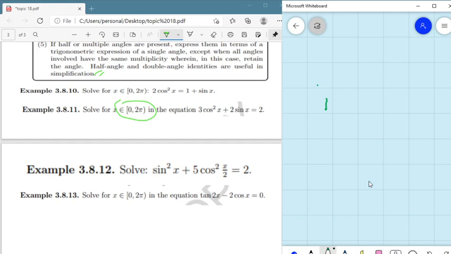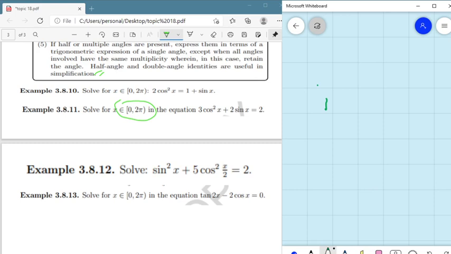Okay, number 3.8.13. We are going to solve for x, an element of the half-closed interval from 0 to 2 pi, in the equation tangent 2x minus 2 cosine x equals 0.